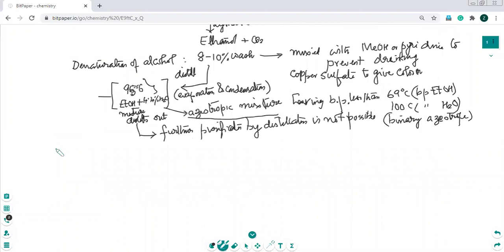One more word, power alcohol. Alcohol can be used in motor vehicles as fuel.